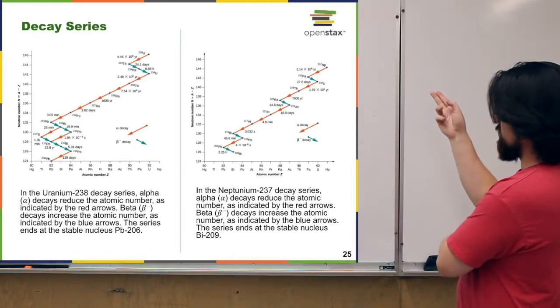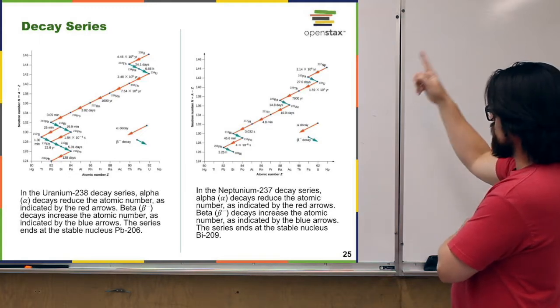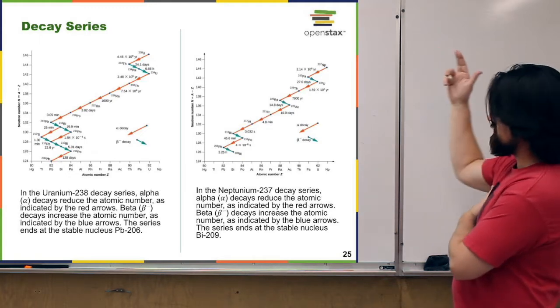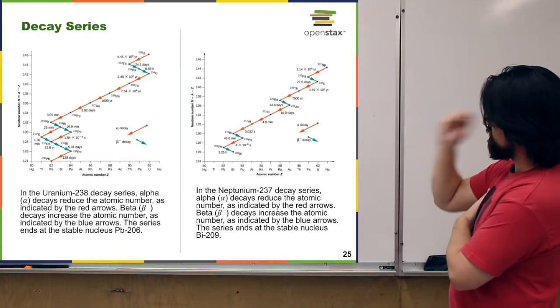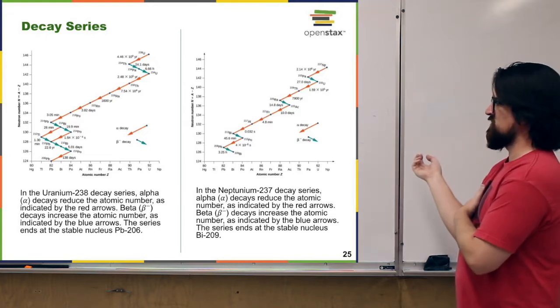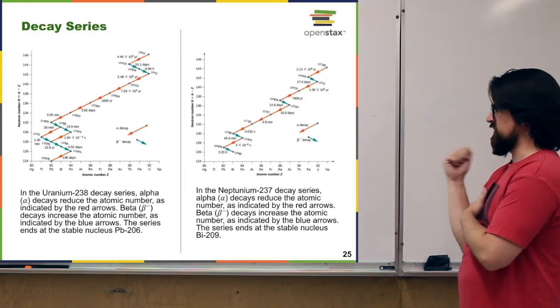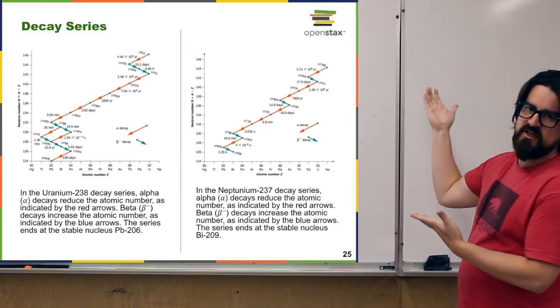Another example is neptunium-237. It just goes through this decay series: alpha decay, beta decay, alpha, alpha, beta, alpha, alpha, alpha, beta, alpha, beta. All these processes eventually end up with a stable bismuth nucleus, bismuth-209. This can take quite a long time though, right?